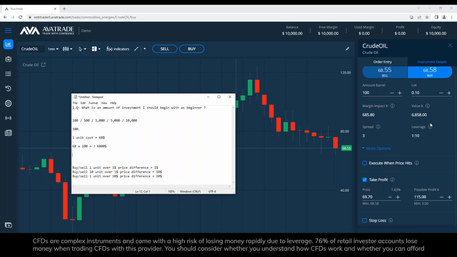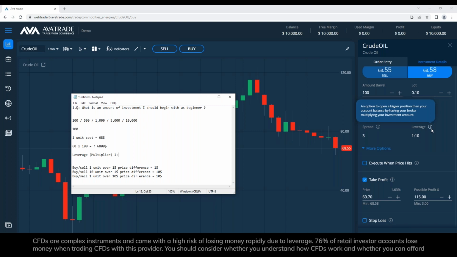Now, we have something called leverage. We're not gonna go too deep about leverage. I'm just gonna tell you that leverage is a multiplier, and what it does is it lets you buy or sell more units with the same balance.